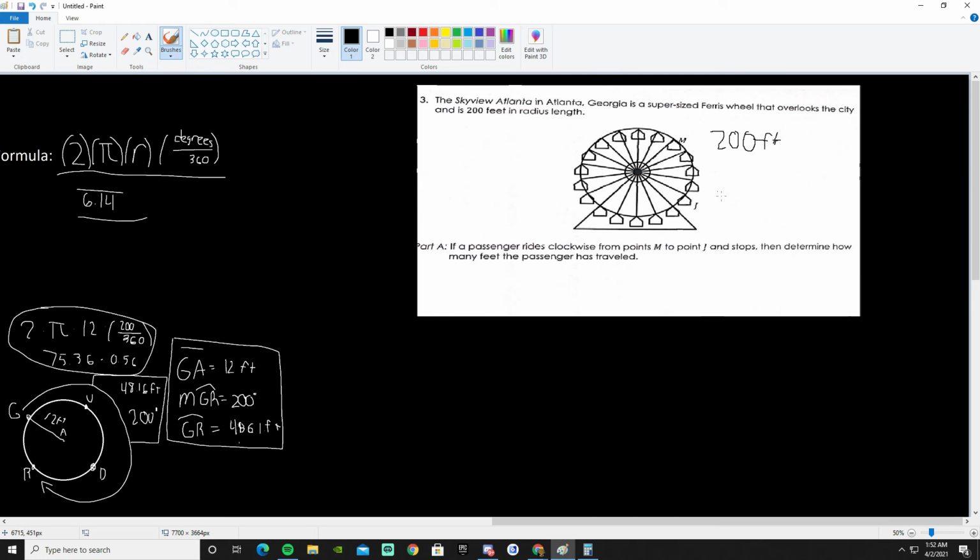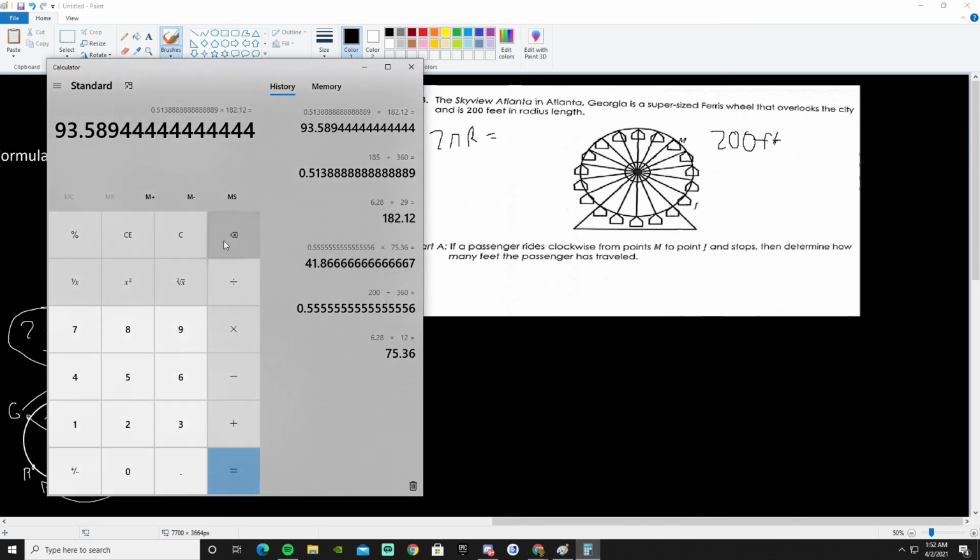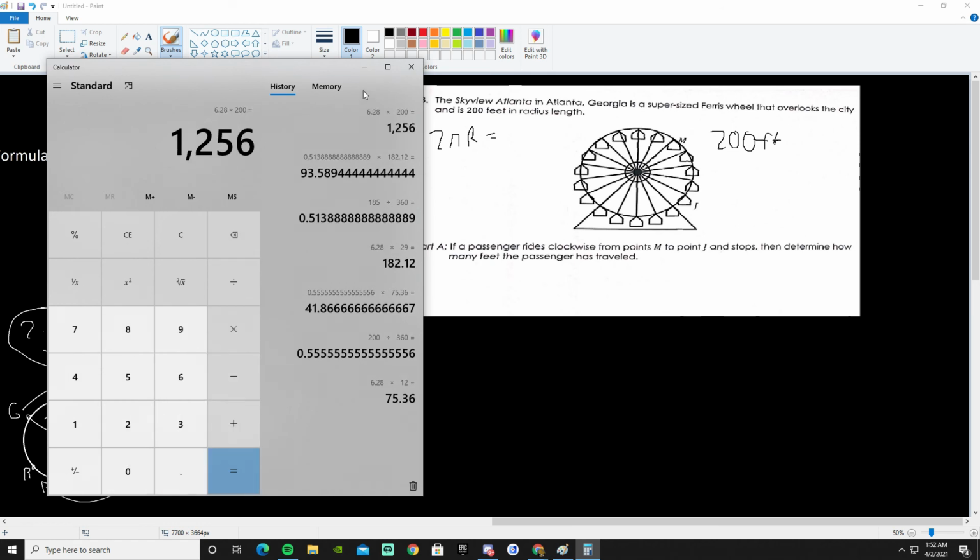Then if you do the circumference formula, 2 pi times r, this would be 6.28 times 200, which equals 1256.